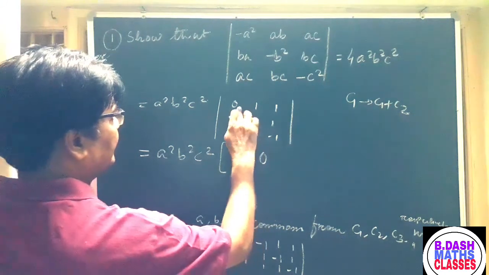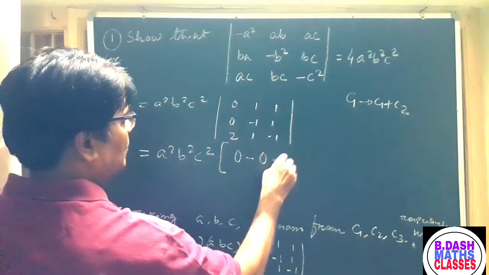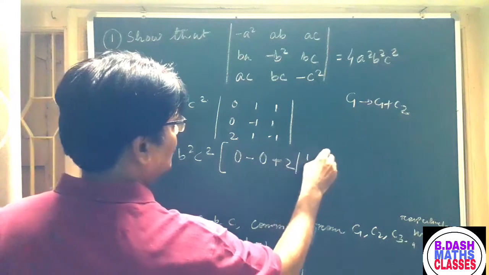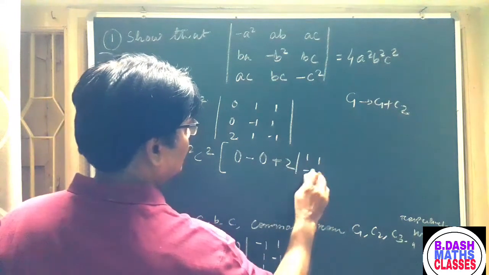So this will be 0 minus 0 plus 2 into the determinant 1, minus 1; 1, 1.